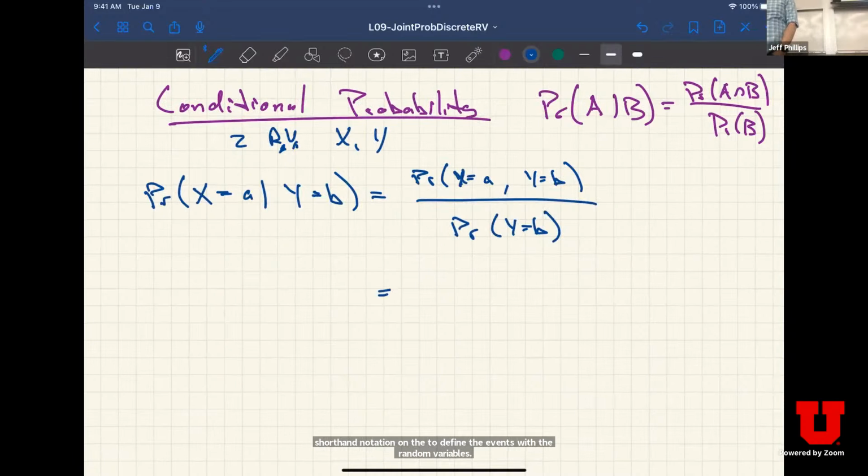But what's nice is I can write this with the probability density functions as well, right?